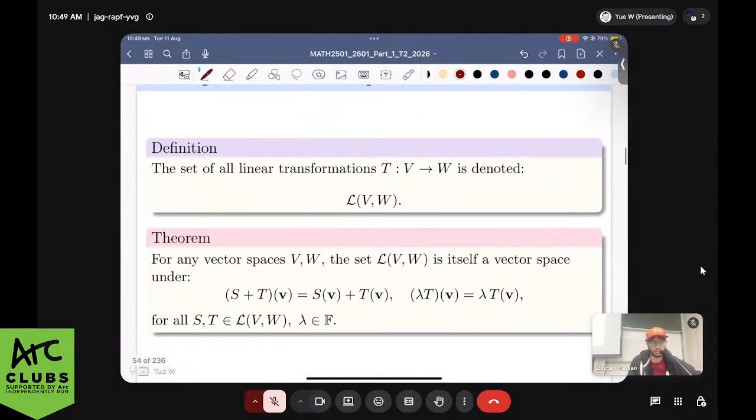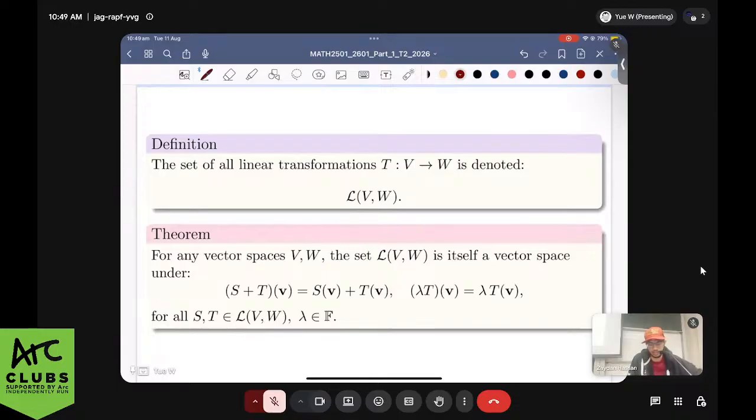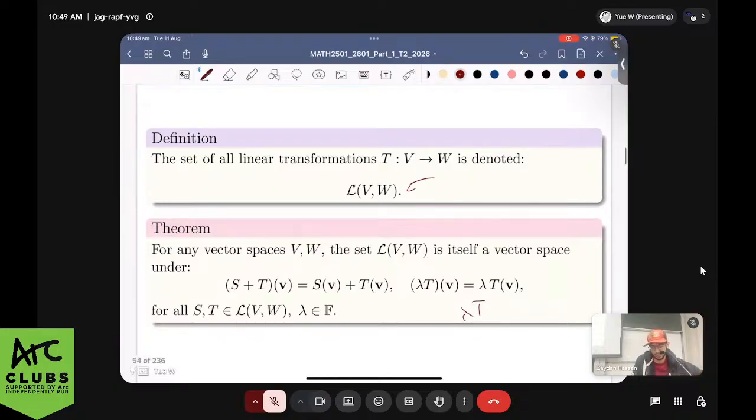And the set of all linear maps from V to W is this L of V, W. It turns out this space is also a vector space, which is weird because the elements of it are actually functions or linear maps, but it's also a vector space, where scalar multiplication is defined so that lambda times T is another function, with (lambda T)(v) equal to lambda times T of v. And addition of the maps is defined like this.